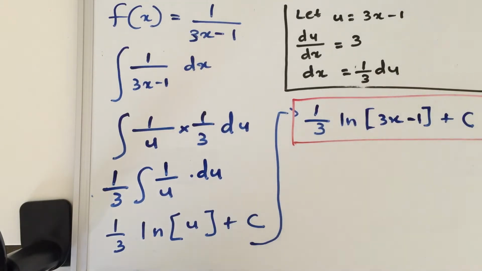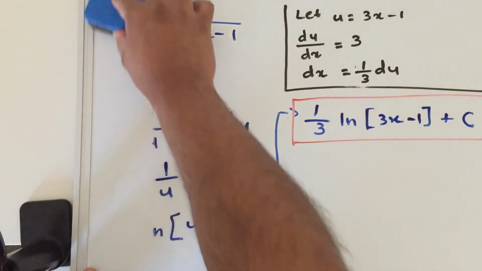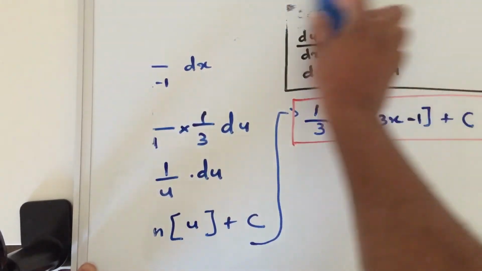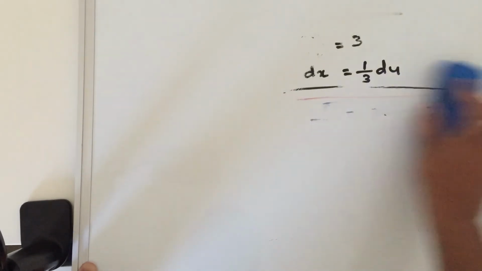All right, so that's how you find the integral of a fraction with use of u substitution. So in the next question, part C, they are asking us to find the derivative of the function at a given point. The point over there is 1.